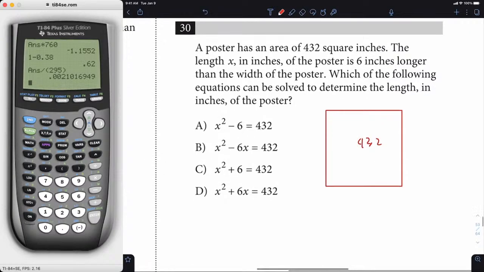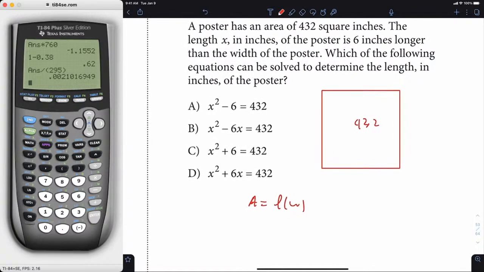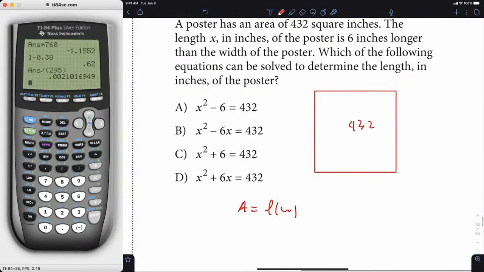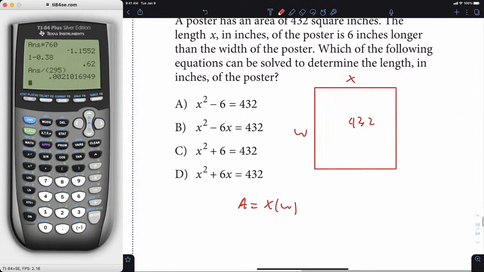Okay. So remember, area is equal to length times width. In this case, the length is x, so it's x times w. We'll call the length x, and this is the width. The length of the poster is 6 inches longer than the width of the poster, okay? So x minus 6 is equal to the width.